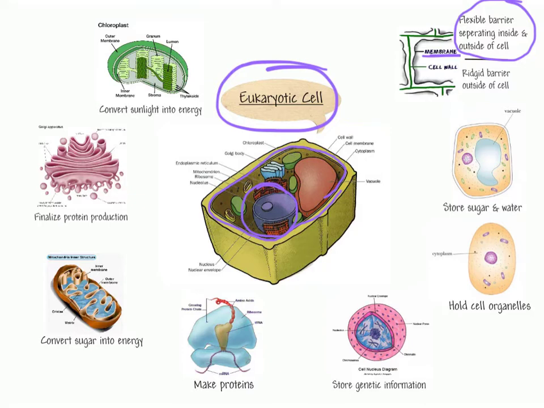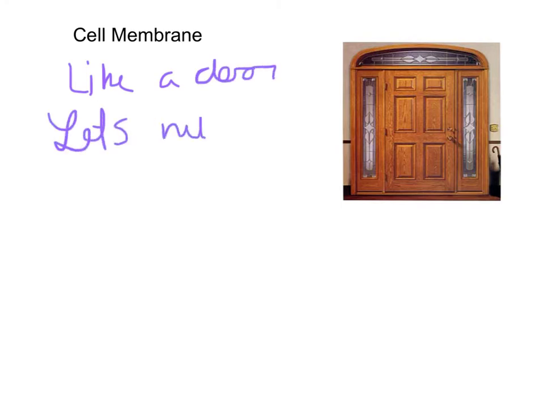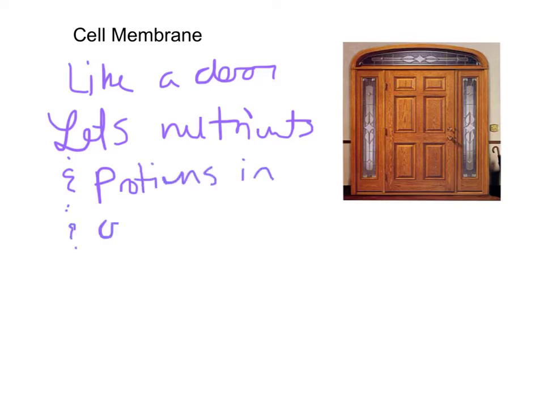So when we talk about the cell membrane, we think of a cell membrane like a door, and it lets nutrients and proteins, which are very, very essential for cells, in and out of the cell.